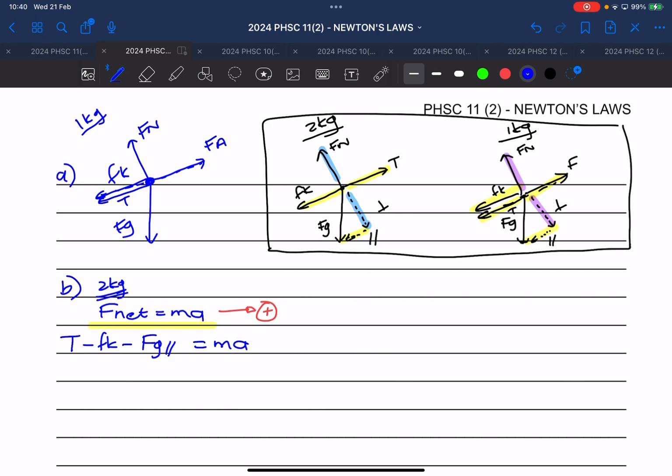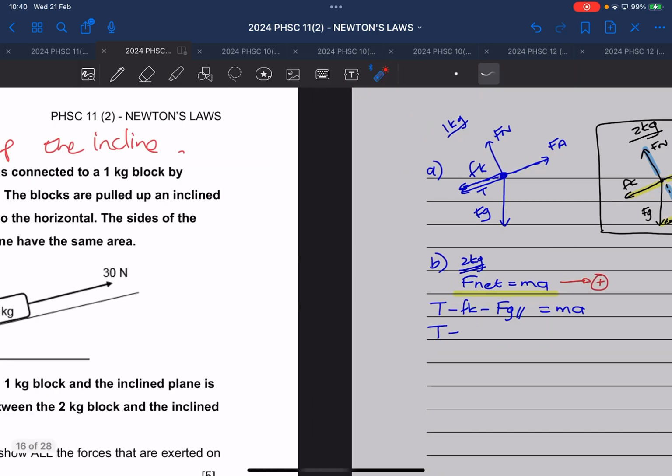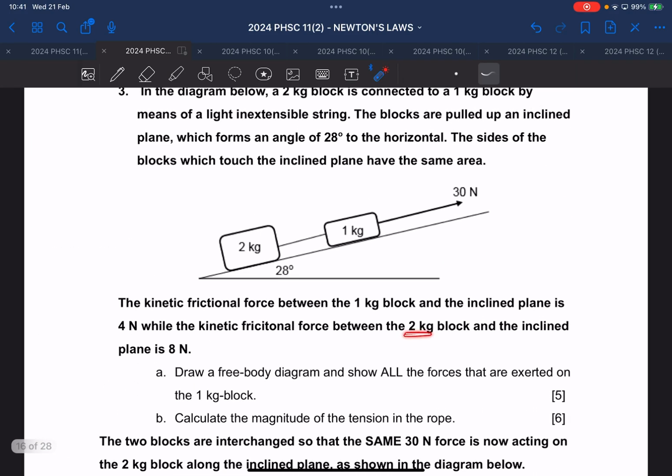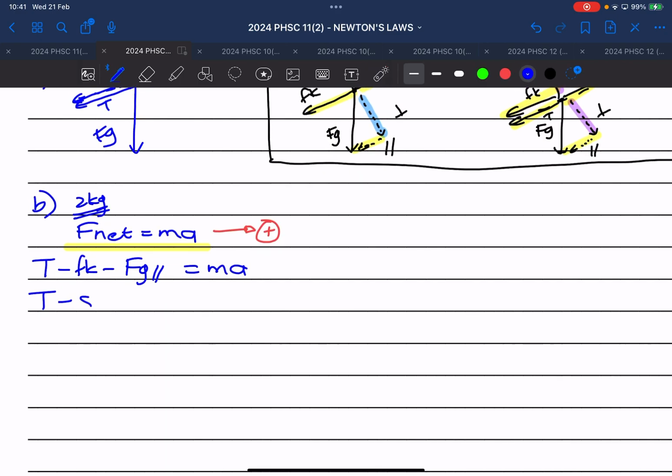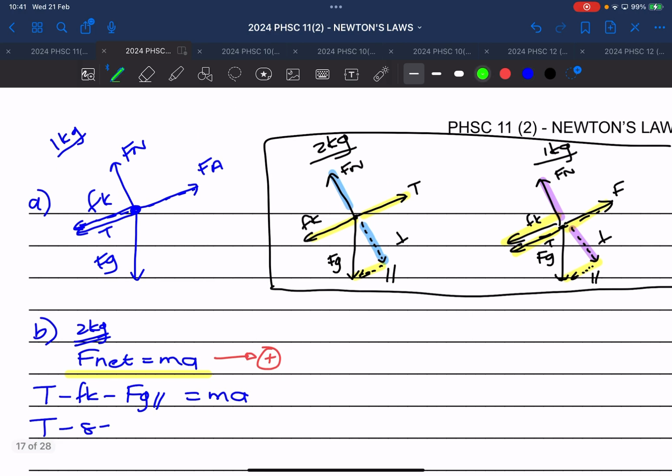Let's check. T was the question. Calculate it, so I don't have that. The frictional force, they told me the frictional force for the 2 kilogram block is 8 newtons. So I have minus 8. Fg parallel, we just said it's Fg sin of theta. And how do we calculate Fg again?